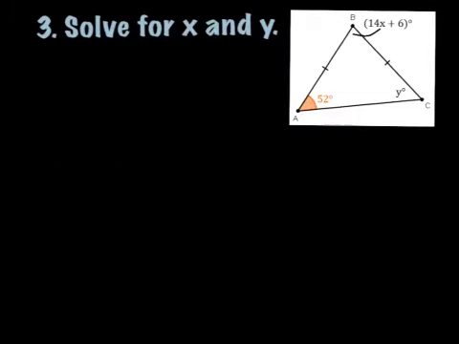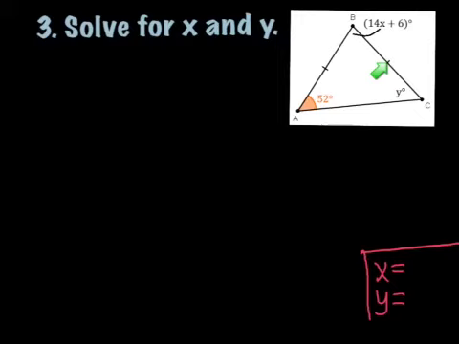Okay, for problem number 3, we have to find x and y. So let's put a spot for our answers. X equals and y equals. Okay, well, first you need to decide what type of triangle you're working with. And because you have 2 congruent sides, we know it's isosceles.